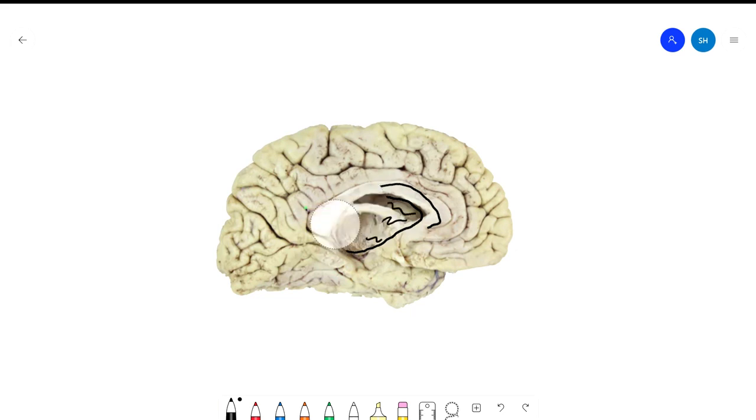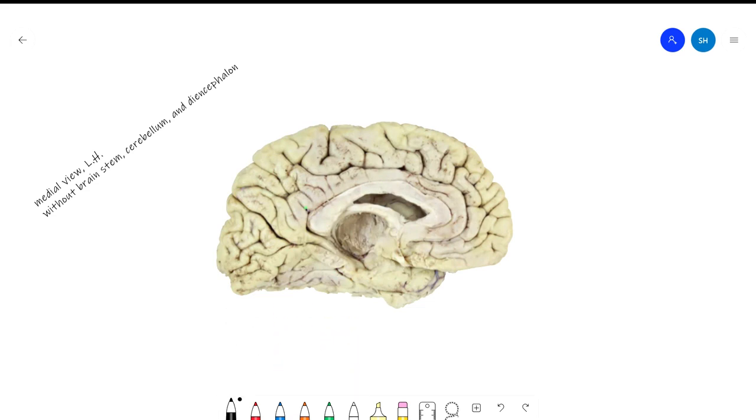So this is the medial view without the brainstem, cerebellum, and diencephalon. Let's find some landmarks from this view.